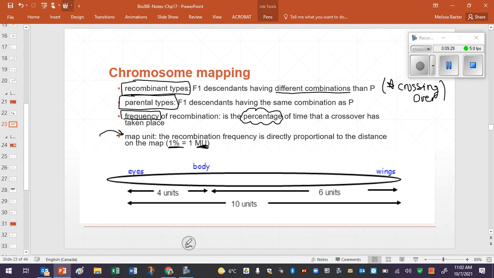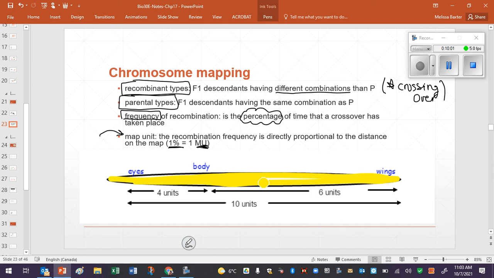So let's say that this thing right here, I'll make it yellow so it's a different color, this is my chromosome. And I determine that the gene for eyes and the gene for the body shape and the gene for wings, these are all referring to fruit flies because we study them all the time, are located at those positions along the chromosome. How would I have done that?